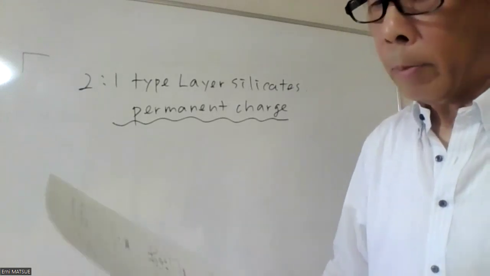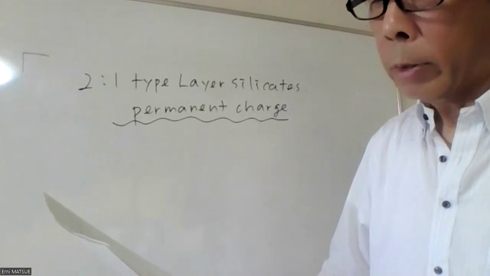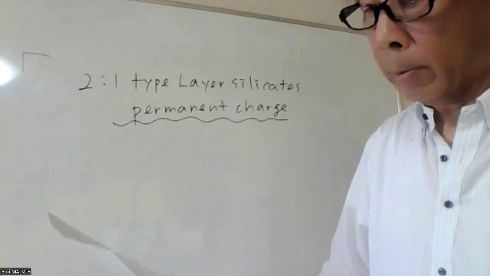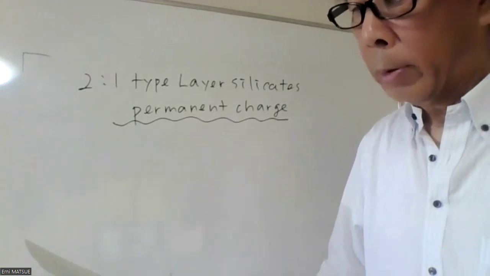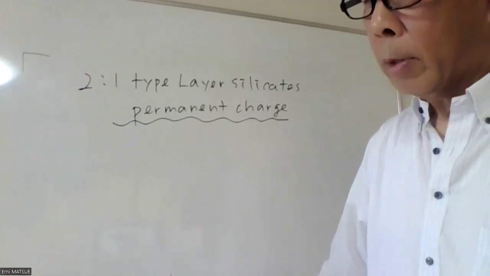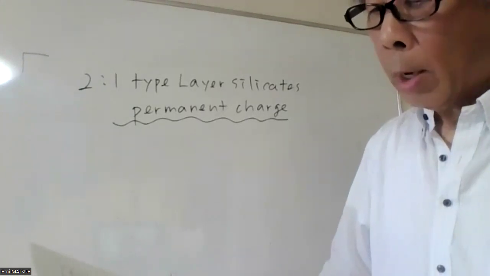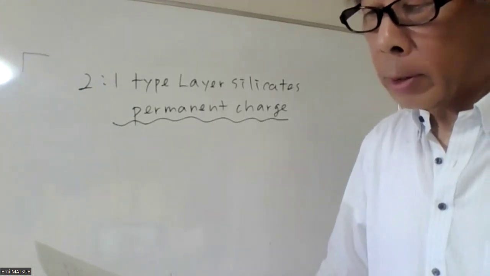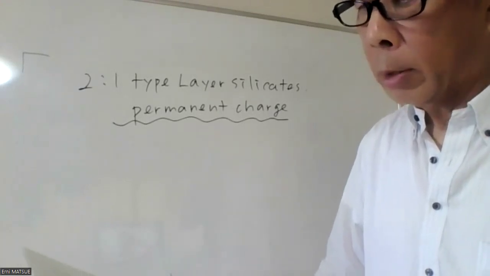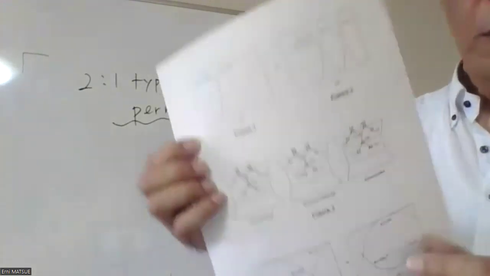In the case of montmorillonite, magnesium replaces aluminum in the octahedral sheet. In vermiculite, aluminum replaces silicon in the tetrahedral layer. And the charge on each atom is calculated and shown in figure 3.